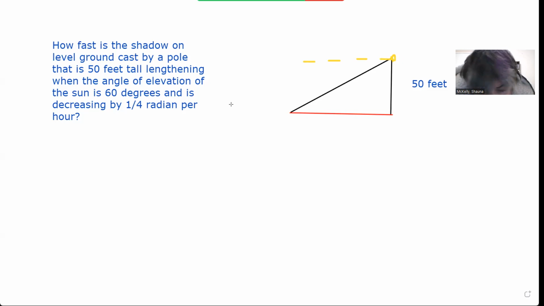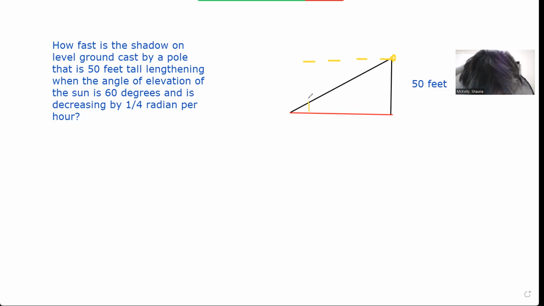Okay, now that's kind of the picture, and I've got an angle down here that the sun is making. So I have an angle right here, and I'm going to draw this in black.